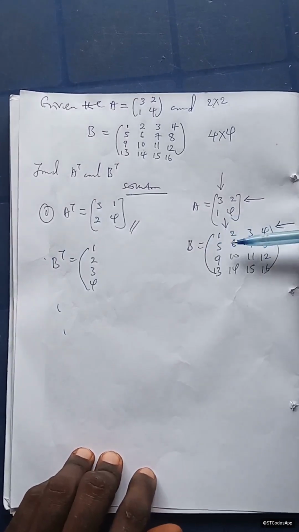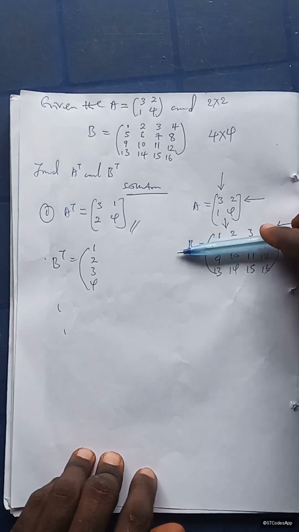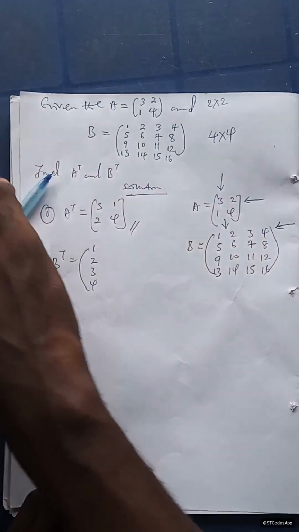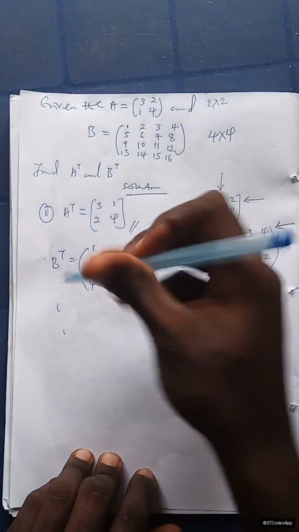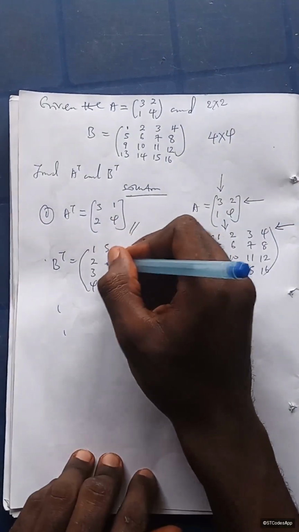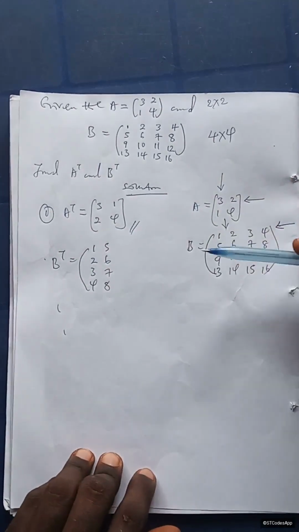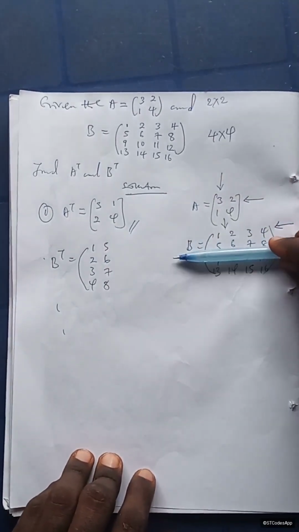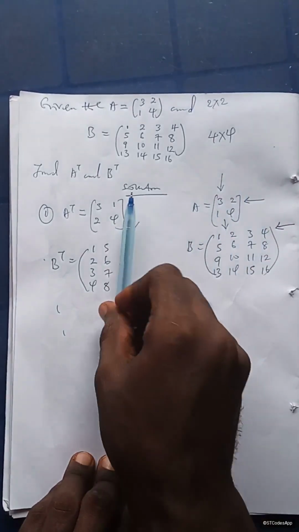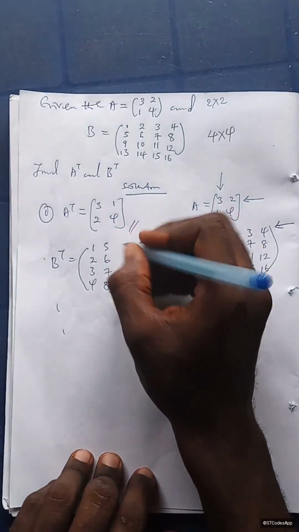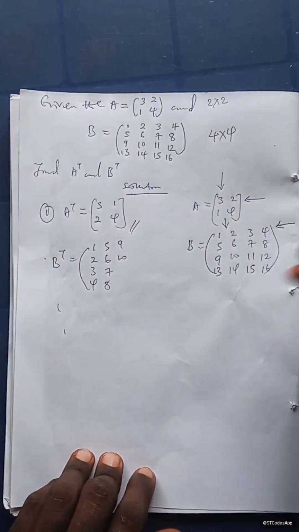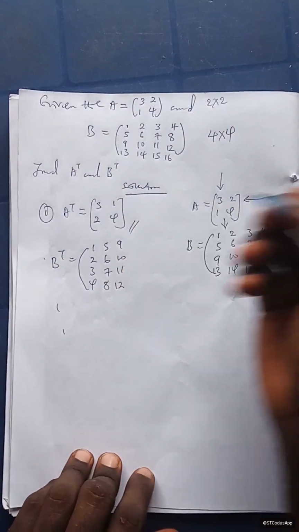Now let's go to the second row. In the second row, we have 5, 6, 7, 8. So invariably, if you treat it this way, the whole of this second row becomes our second column. So I'm going to have 5, 6, 7, and 8. Now coming to our third row, the whole of this third row becomes our third column, having this as 9, 10, 11, and 12.